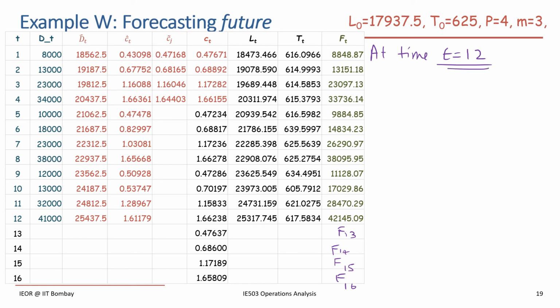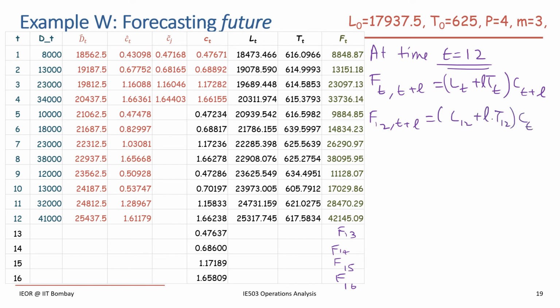So the forecast for the future, at time t for period t plus l, is given as Lt plus l into Tt into Ct plus l. In our case, we are at time 12, so it will be L12 plus l into T12 into C12 plus l, where l goes from 1, 2, 3 and 4. That's what we need to do.